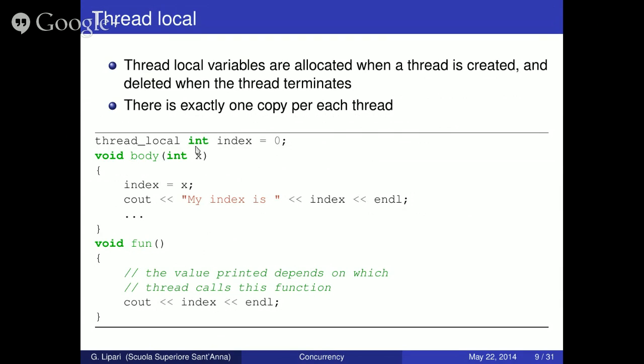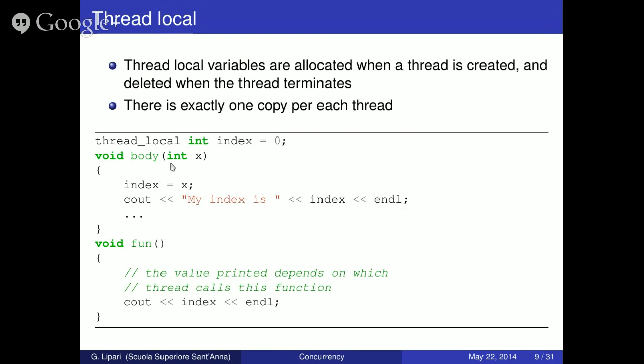So when you write thread_local int index, there are going to be many index variables, one per thread. Of course, these are local variables to each thread. So one thread can only access its own copy, and cannot access somebody else's copy, unless you use some sort of inter-thread communication mechanism. But directly, you cannot access anything but your own variable.